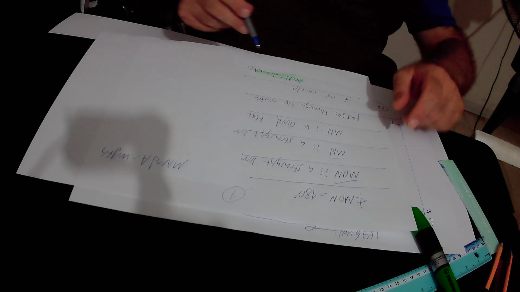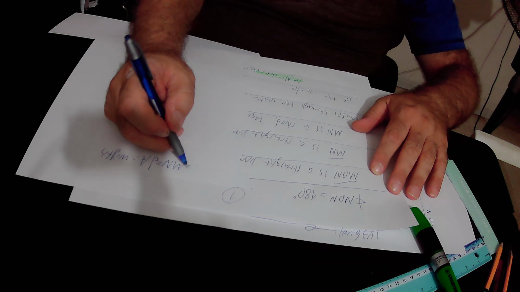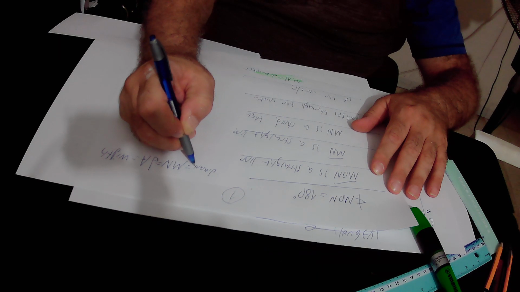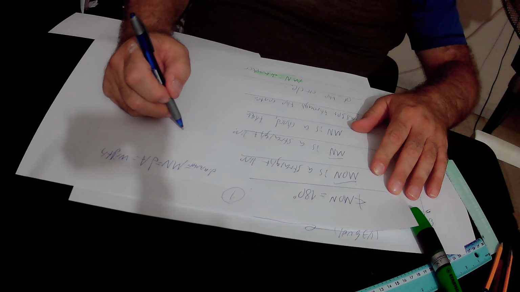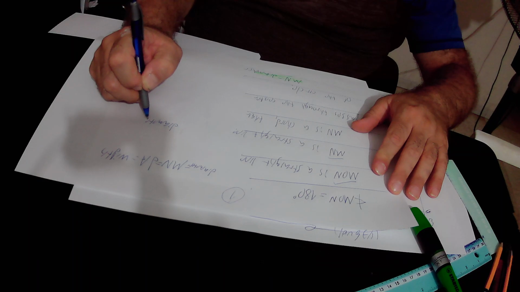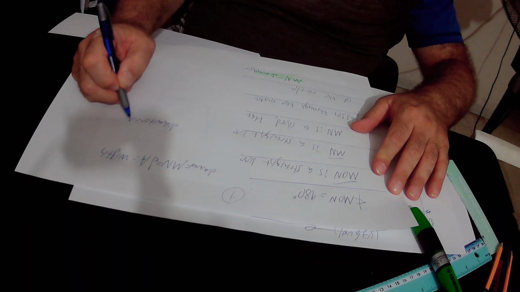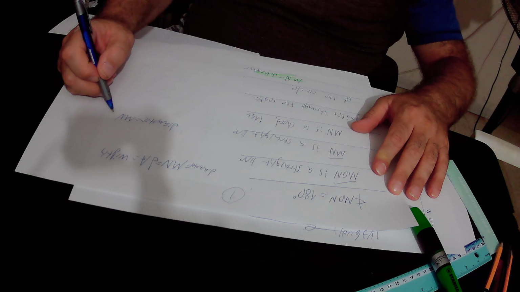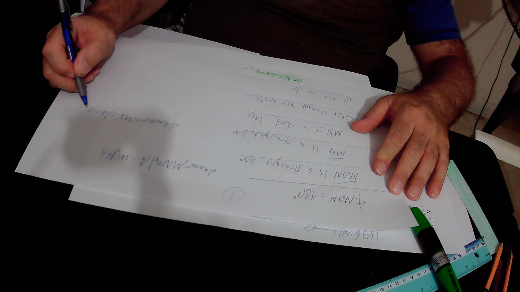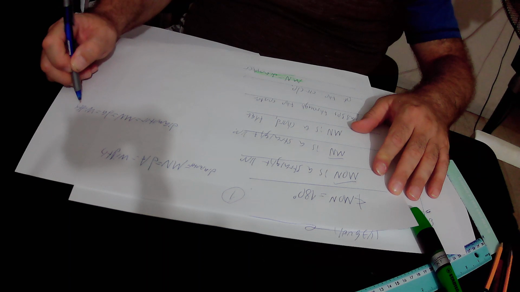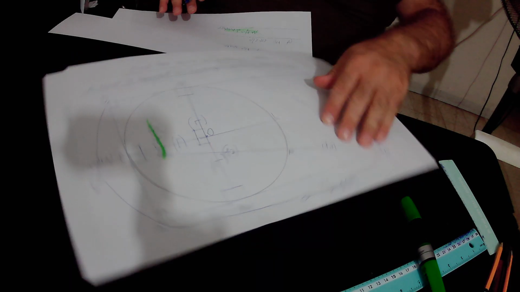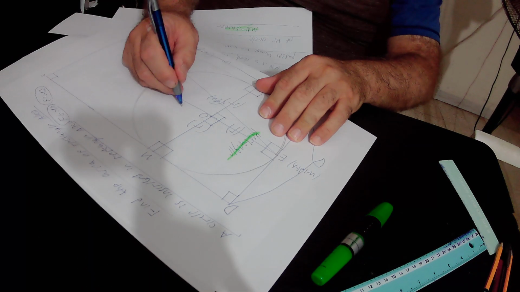We already found out that MN is the diameter of the circle. Again, the diameter of the circle is equal to MN. MN equals DA, and DA is the width of rectangle ABCD. But we just now found out that EL is also the diameter of the circle. Write it down, EL is the diameter of the circle.